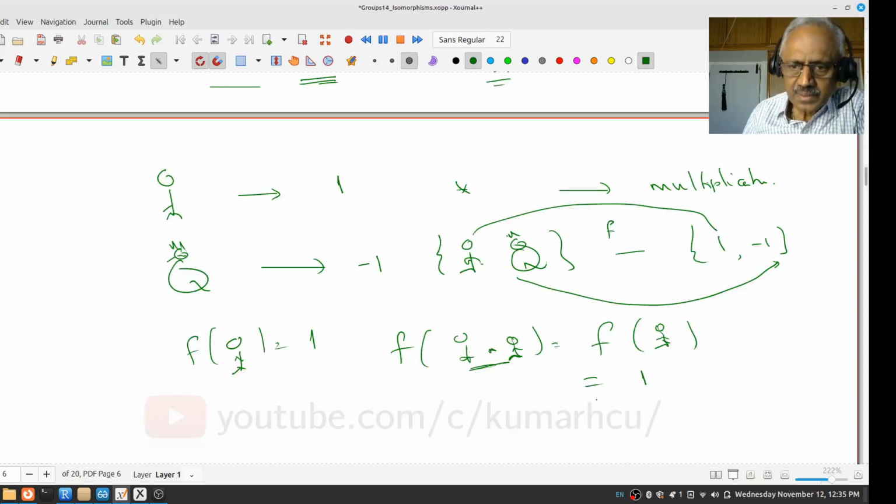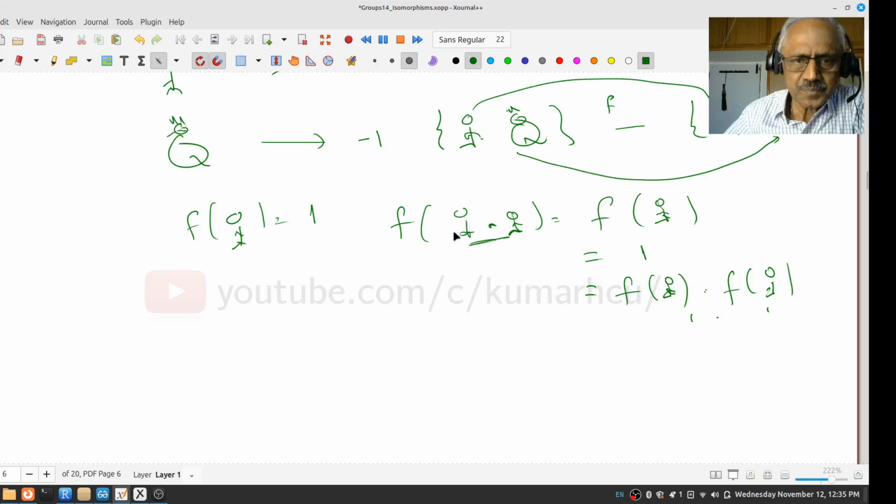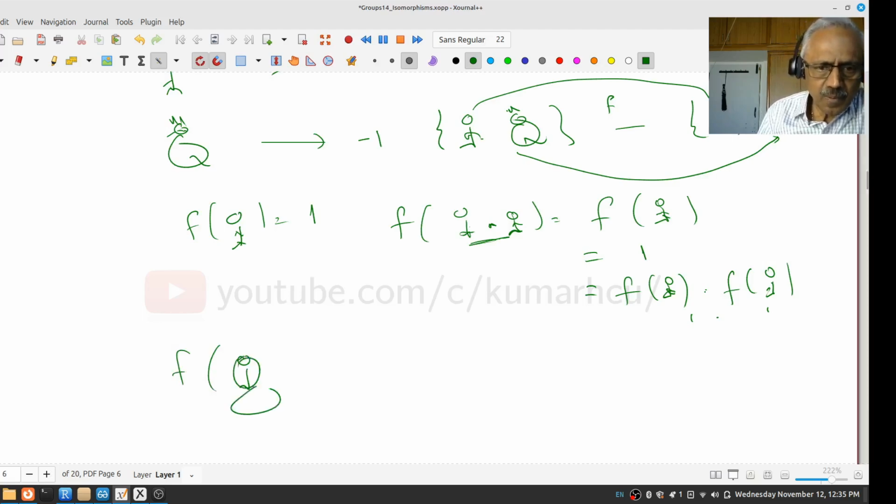This is the same as f of man times f of man, because f of man is 1, and the binary operation is multiplication, therefore it's 1. But what happens to the cat? f of cat is easier to write. This is equal to -1.